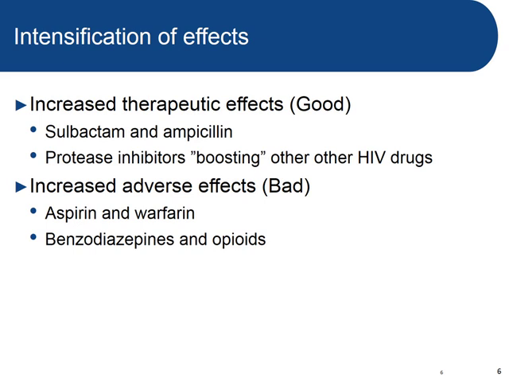We can also increase adverse effects, and I think we would all agree that's a bad thing. So for example, aspirin and warfarin both affect the bleeding cascade, or the clotting cascade, I should say. And so when used together, they can lead to excessive bleeding because they act on different parts of hemostasis.